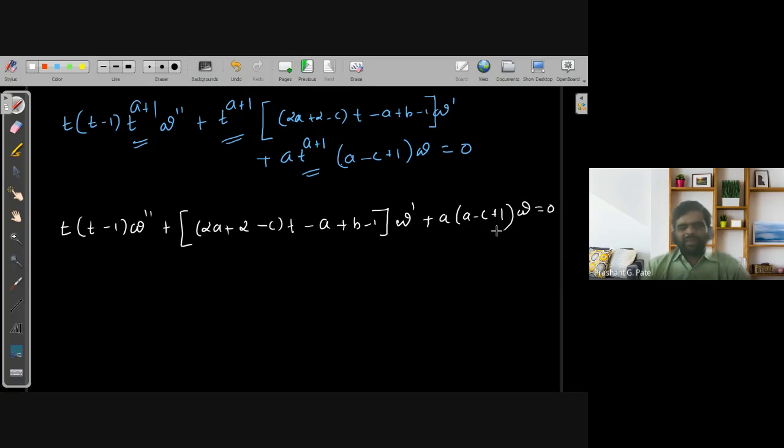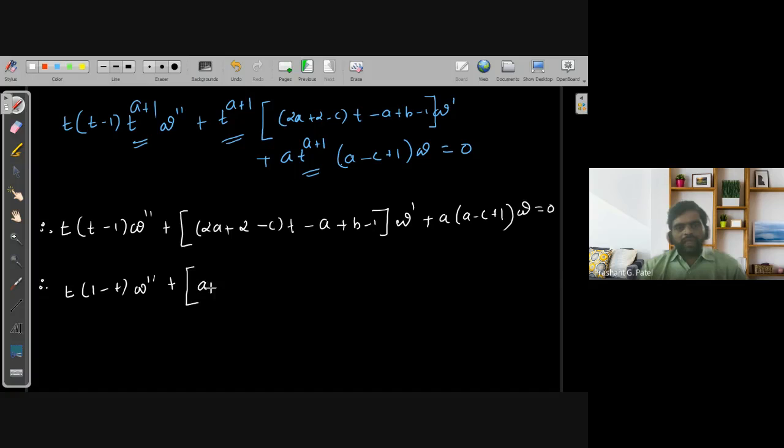If I multiply this equation by a minus sign, so this is t into 1 minus t w double dash. I'm multiplying by minus, so this t minus 1 now becomes 1 minus t. This will become plus. All these terms will become minus.